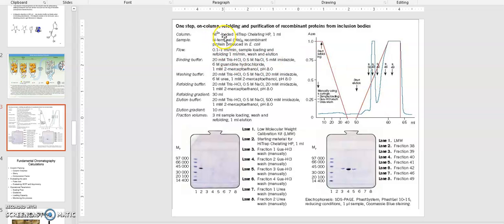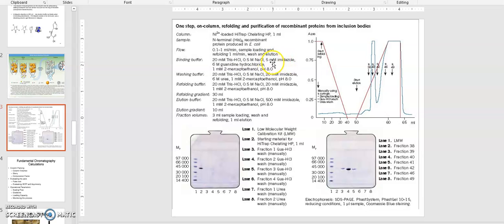Column is a nickel column, histidine trap, okay, and then the sample is an N-terminus 6 histidine tagged E. coli fusion protein, okay, flow rate 0.1 to 1 ml per minute, sample loading, and binding buffer 20 millimolar Tris, 0.5 molar sodium chloride plus 5 millimolar imidazole.